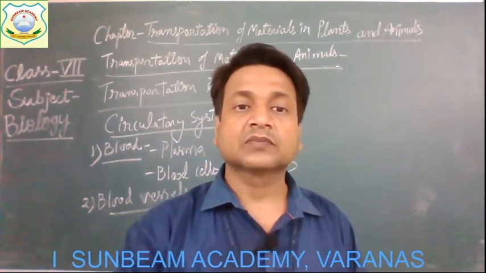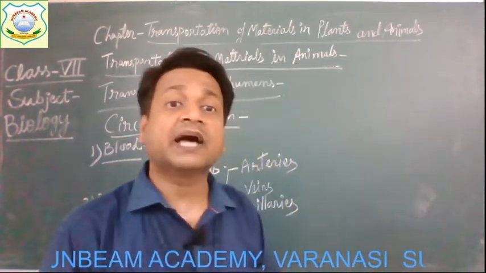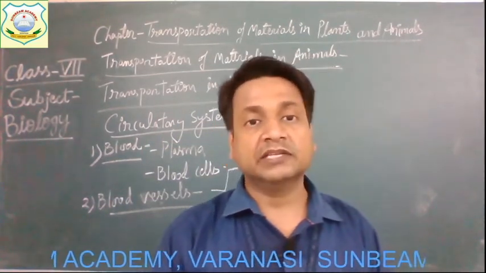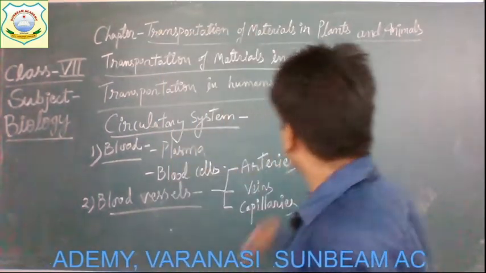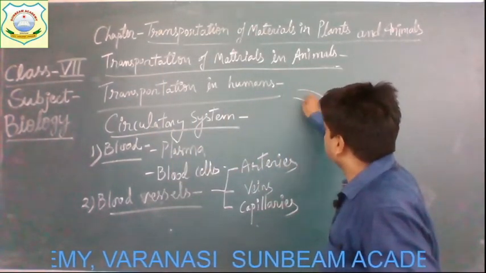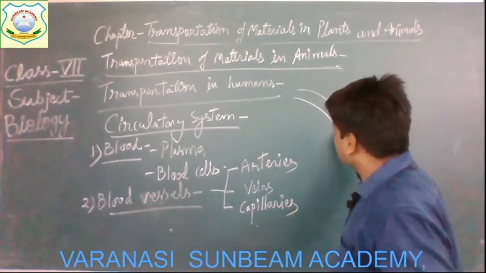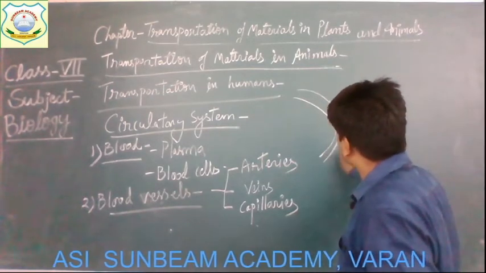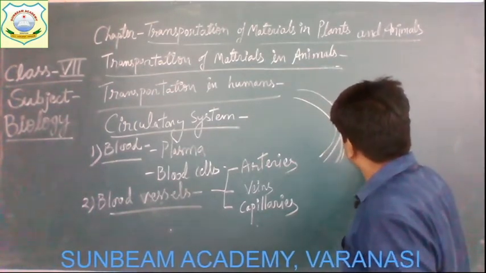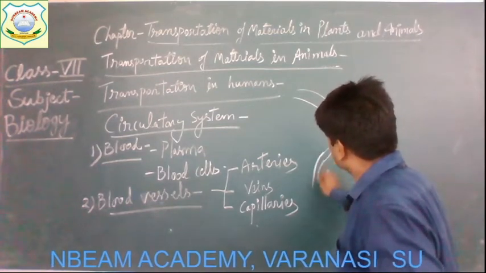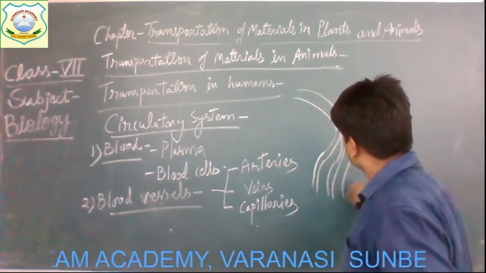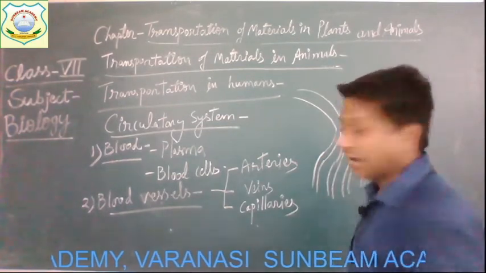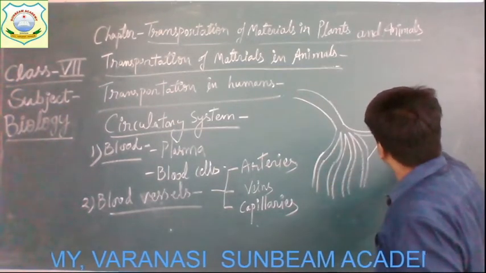Okay children? Now, these arteries branch into smaller and smaller arteries and finally into capillaries. So the arteries, which are tube-like structures, again get divided into many thin tubes. And these thin tubes are known as capillaries.